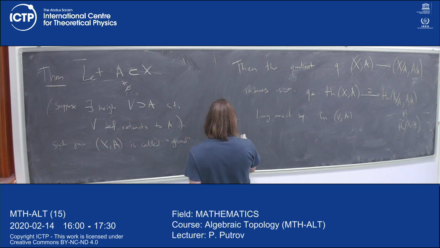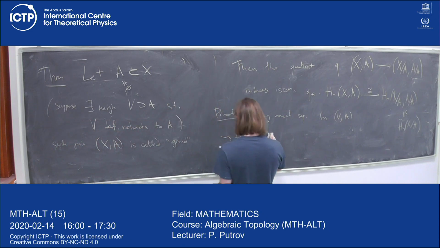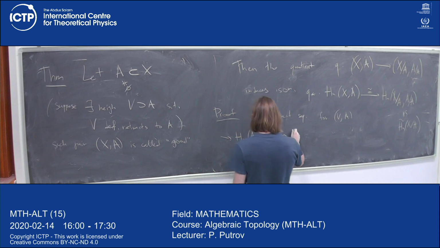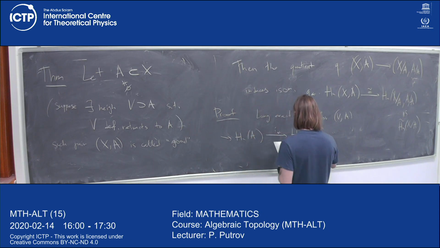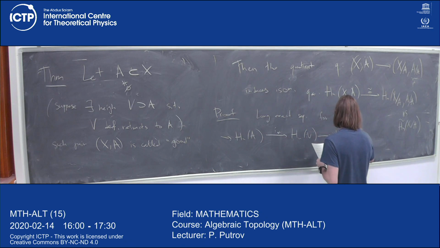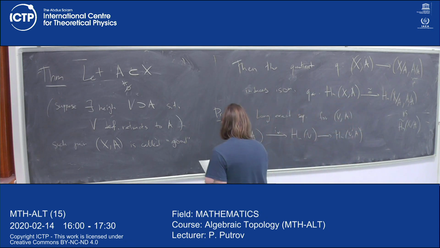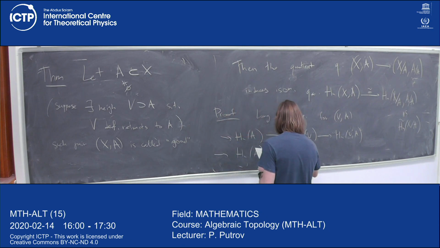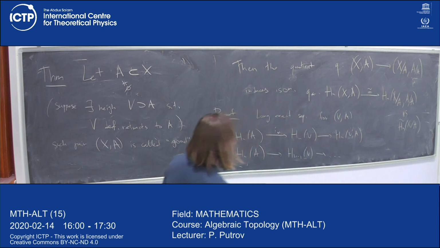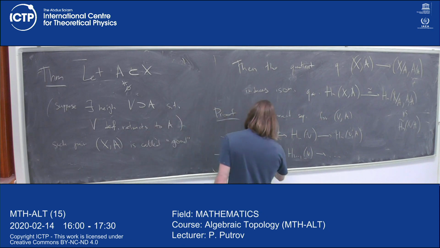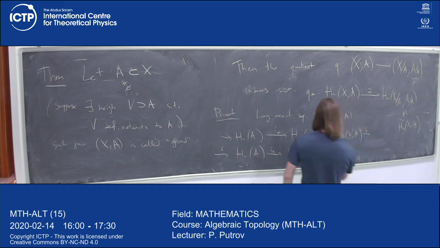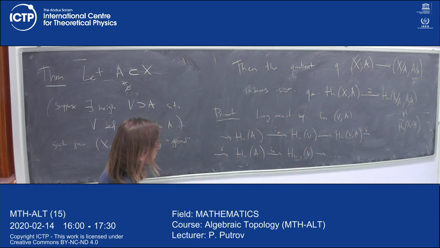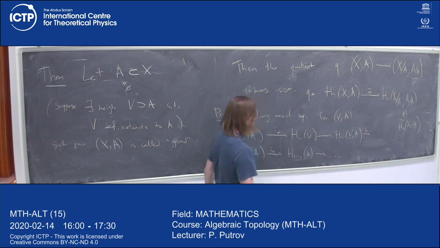So it looks like this: H_n(A), i star, H_n(V), H_n(V, A). This is a long exact sequence, which we already know about, and so on. These were inclusion maps, and this was our delta map. And this was a quotient, well, not quotient, only quotient for these relative chains.